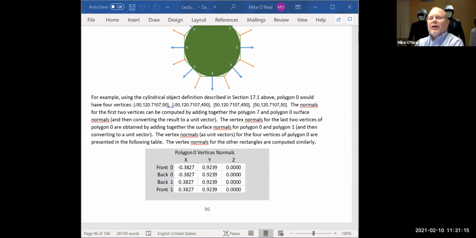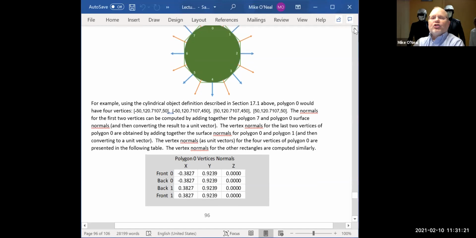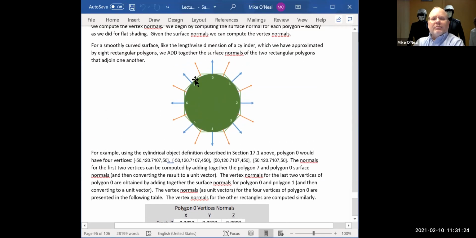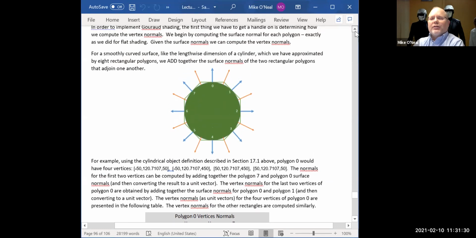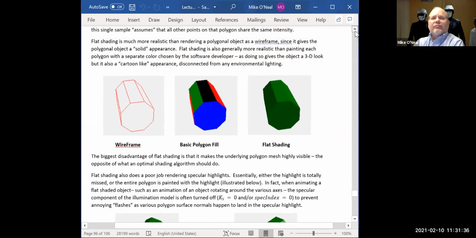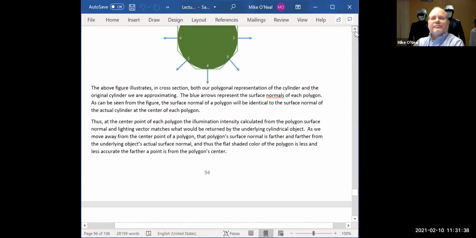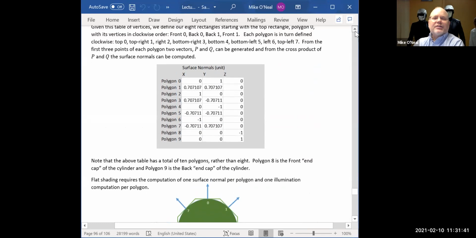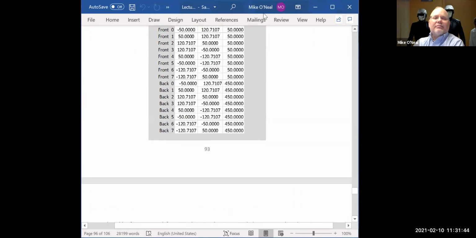Now, we know that polygons share vertices. This whole object that I've created here has 16 vertices. I know that because I gave them to you, 8 on the front and 8 on the back. But those 16 vertices are shared between 10 polygons.